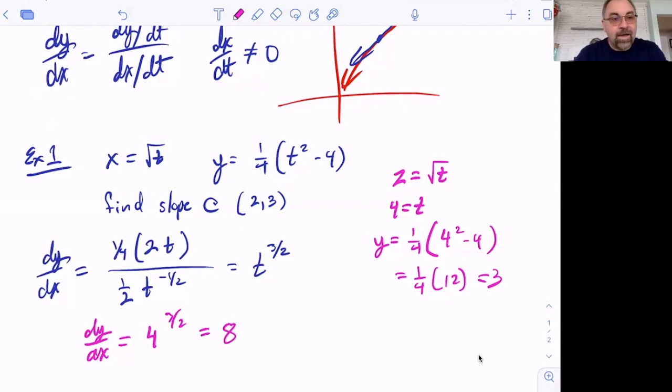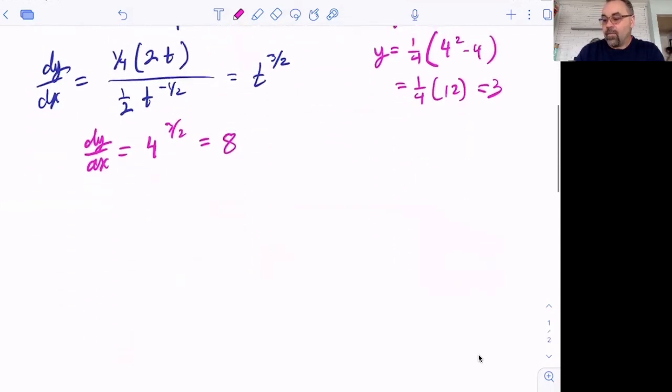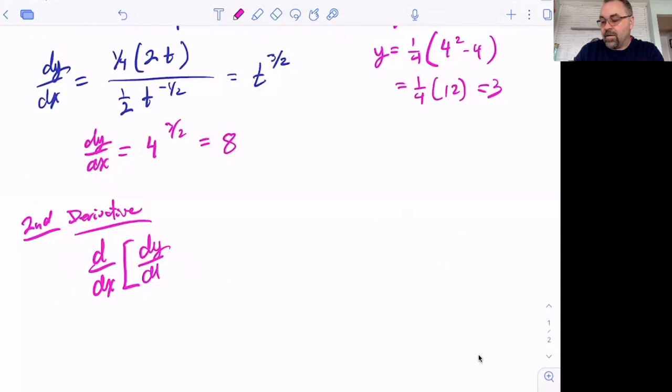What if they'd ask about concavity? That's the second derivative. Now let's think about that for a second. When we take a first derivative, we do dy dx. When we talk about a second derivative, we take the derivative with respect to x of dy dx.